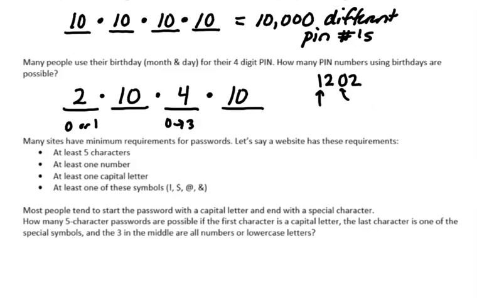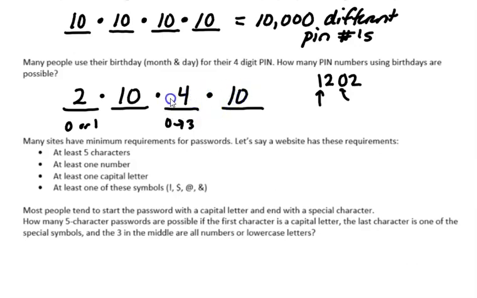Now, if you are thinking, well, hang on, this is not exactly right because, for example, I couldn't have day number 39, so there's not really 40 different days of the month I could pick, and you are correct. There aren't 40 different. So this is a little bit simplified version. I could put 0 with any one of 10 digits. I could put 1 with any one of 10 digits.